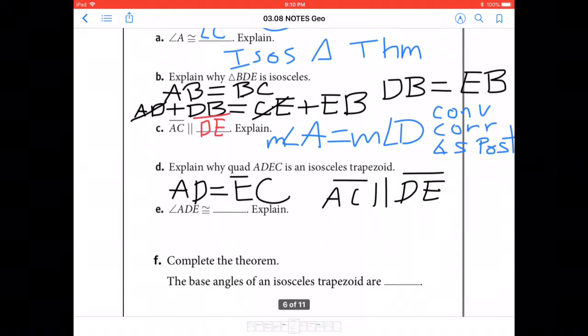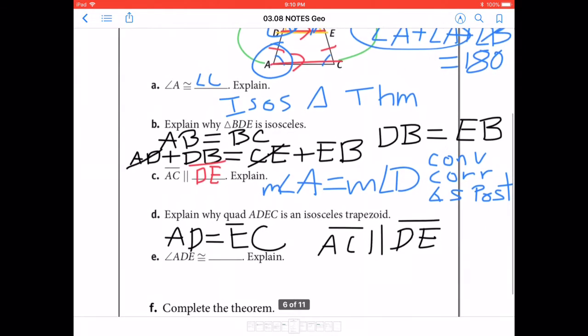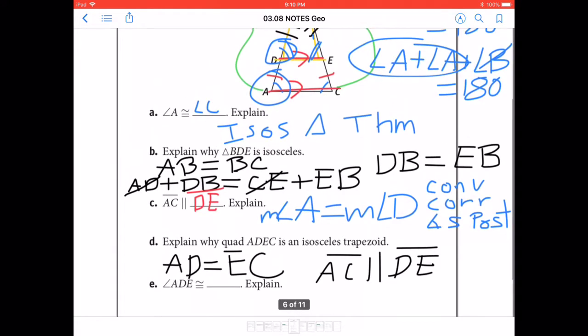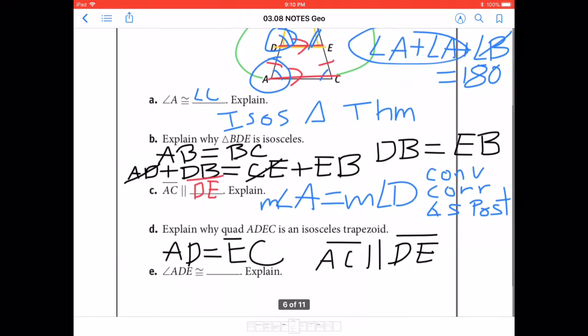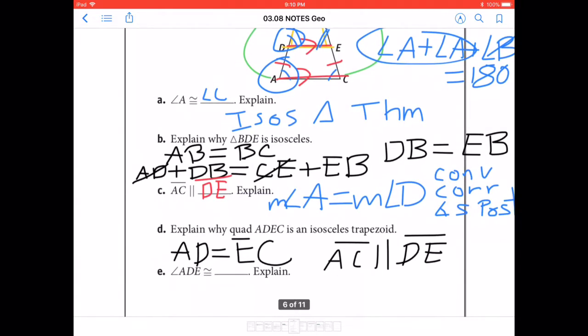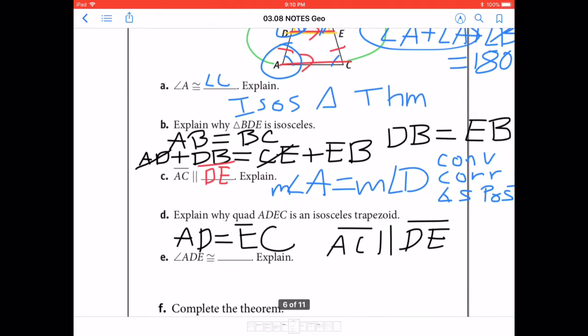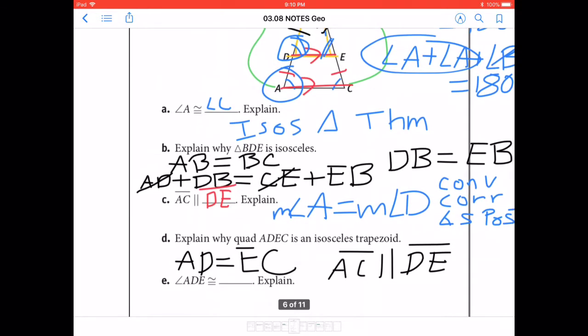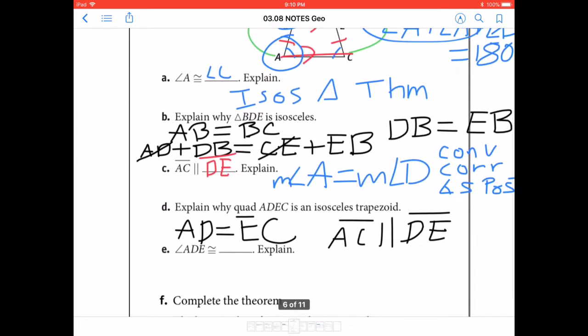And then since it's an isosceles trapezoid, we can use what we know about our isosceles triangles that we already marked up here, to say that angle ADE is congruent to CED.